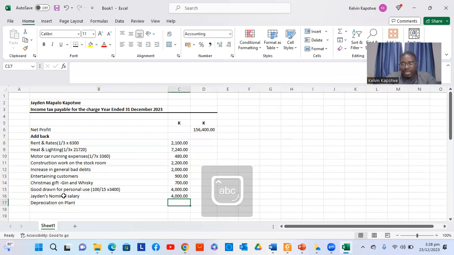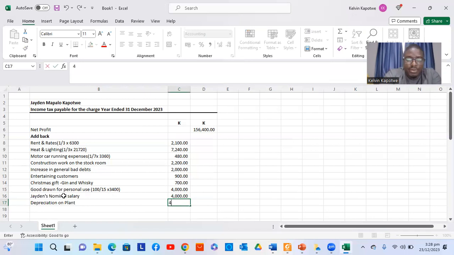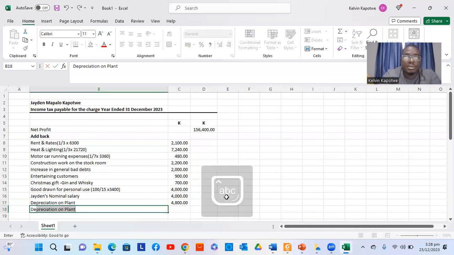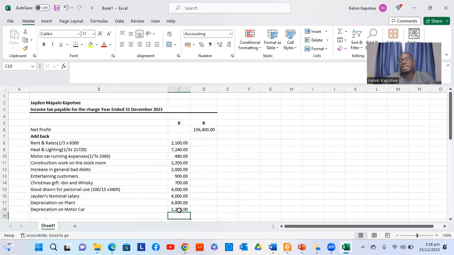The depreciation on plant is 4,800. Then there's depreciation on motor car. So depreciation is not an allowable expense because it's a non-cash item.